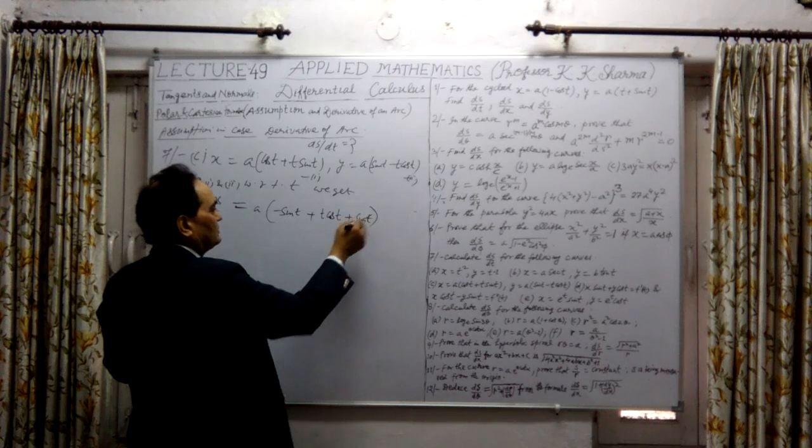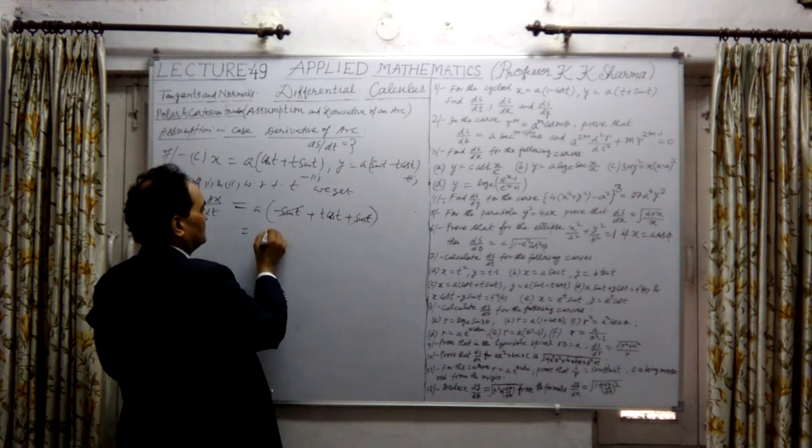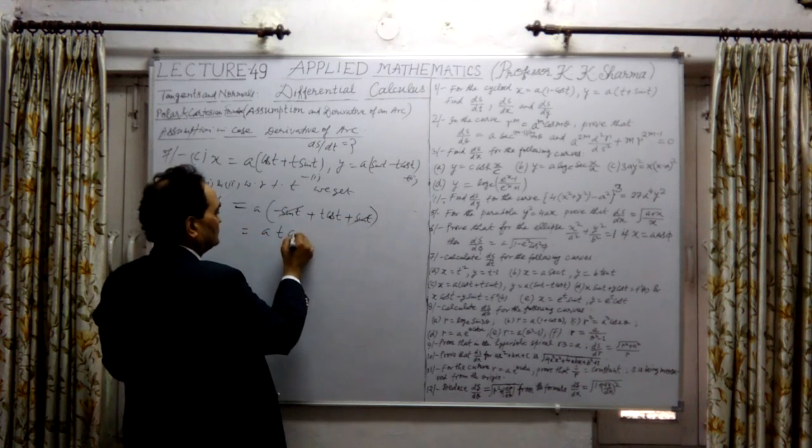So sin t and sin t cancel out. It is nothing but a into t into cos t.